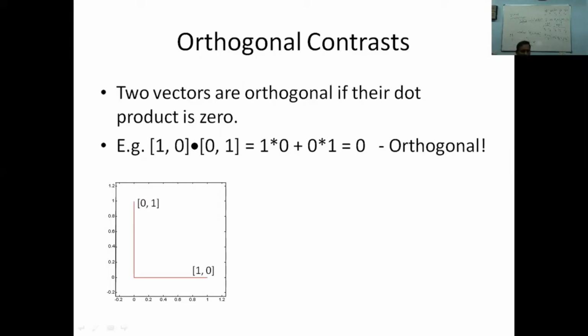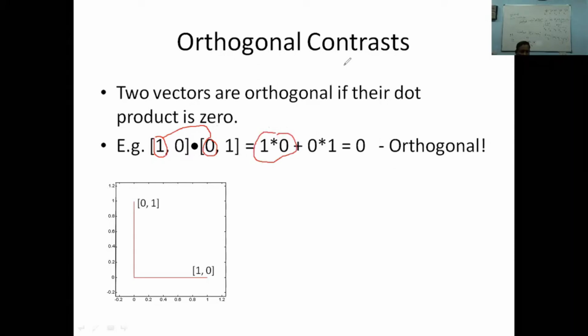So you multiply this 1 with this 0, then you have the multiplication of 0 with 1.